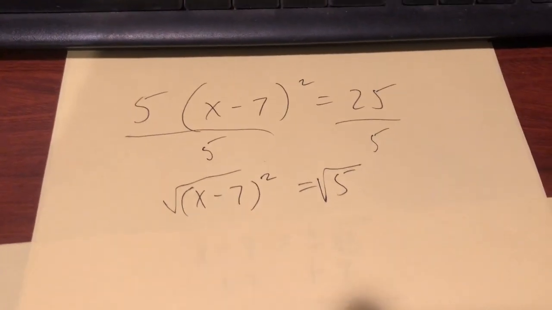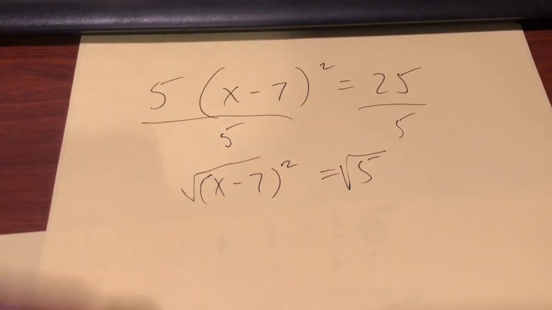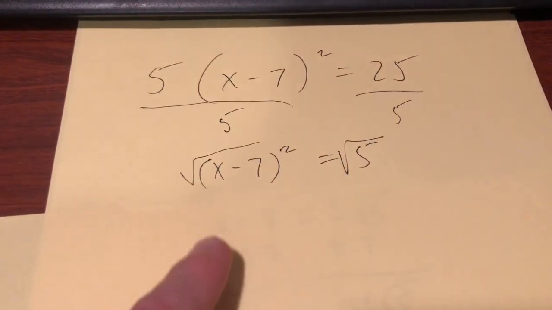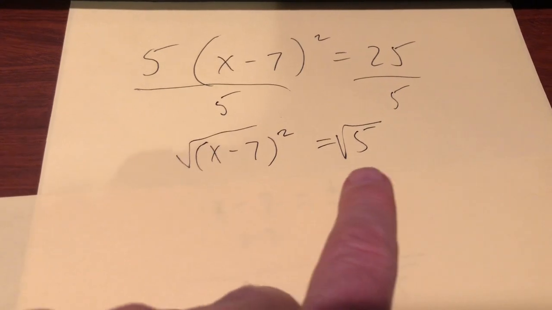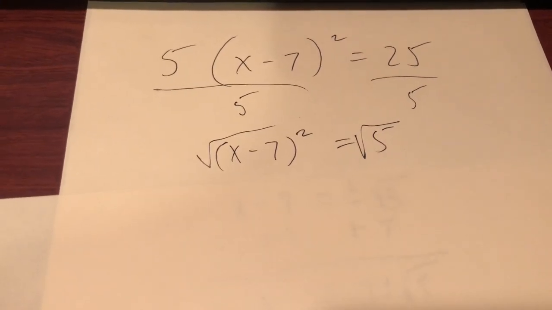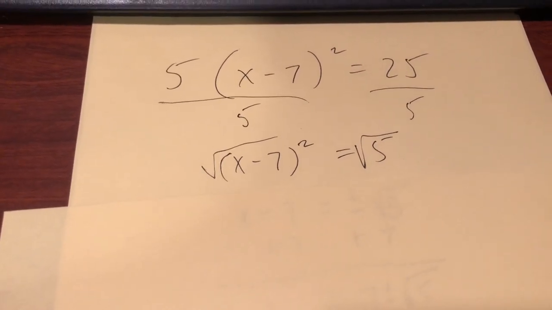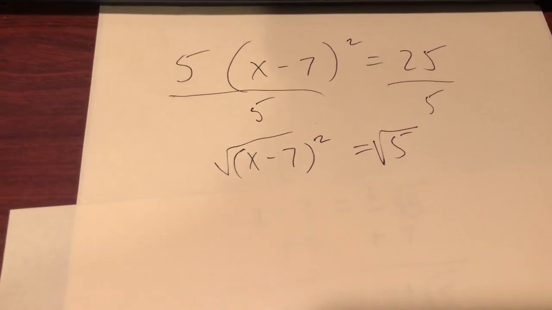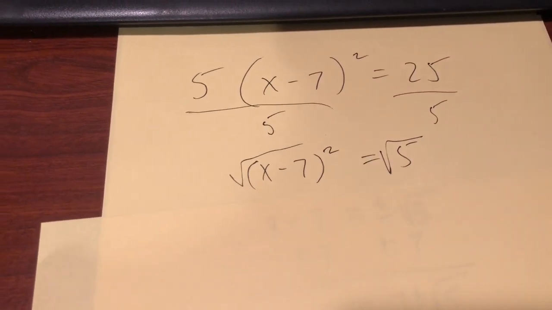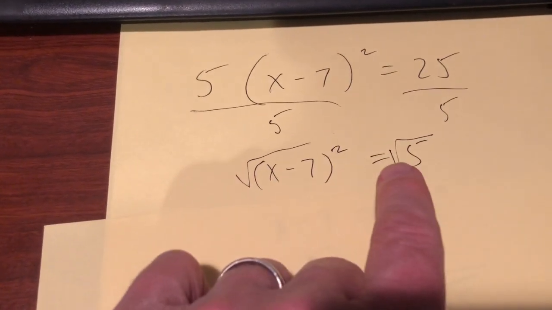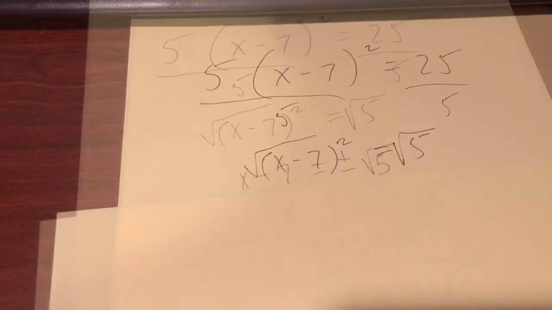Now, since that was multiplication, these 5s are eliminated and we're left with x minus 7 squared equals 5. After that, we take the square root of both sides. That's why the square root symbol is above both this quantity and the 5, the prime number 5.